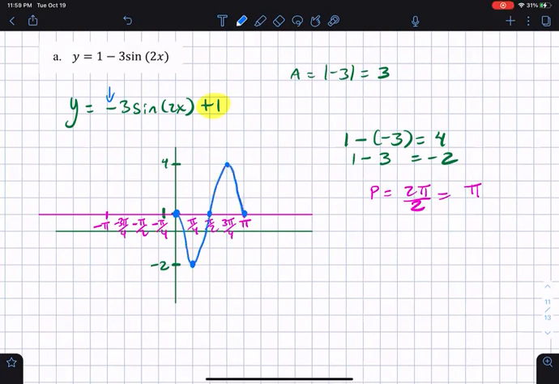Okay. Now the other one, what I need to do? I need to go up, right? I need to because this is sine. So here, here, here, and here. So you do this.